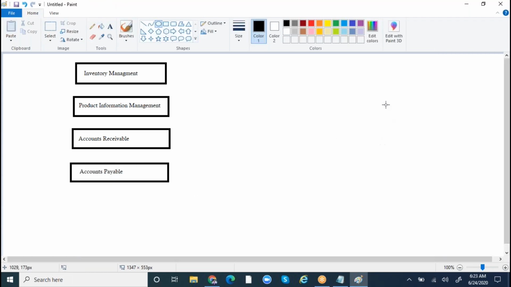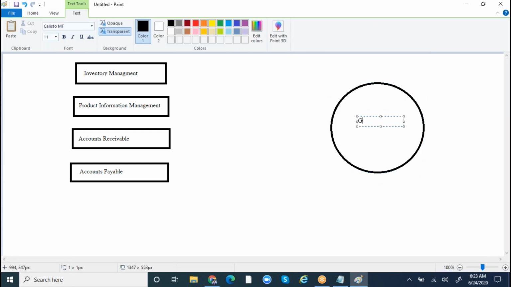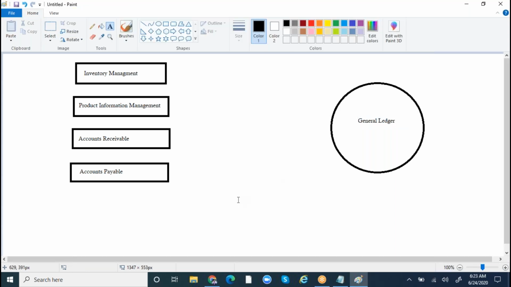Here, this is the general ledger. Suppose I have posted one invoice. Now I want to see the customer balance. Where can I see the customer balance?